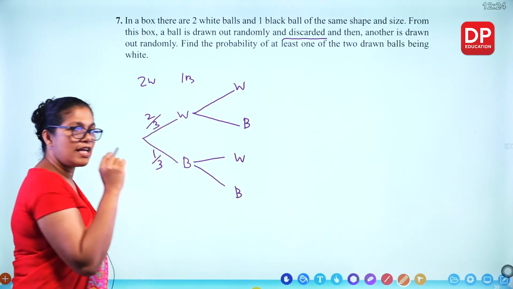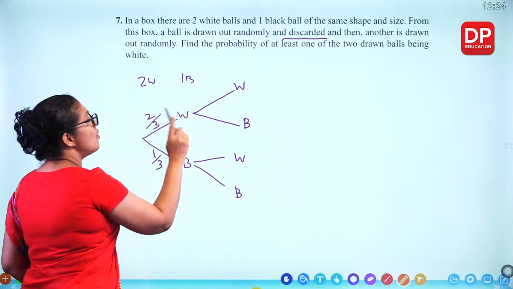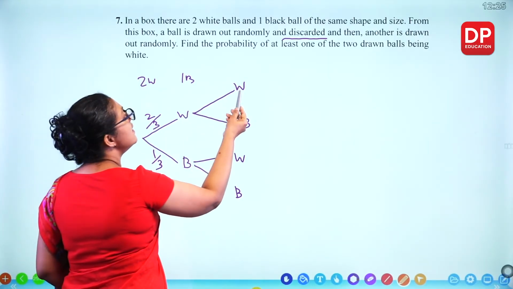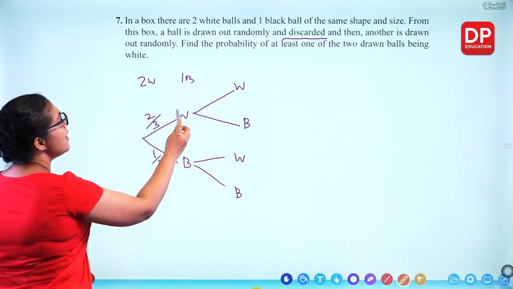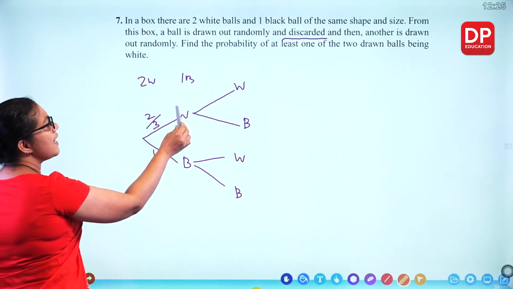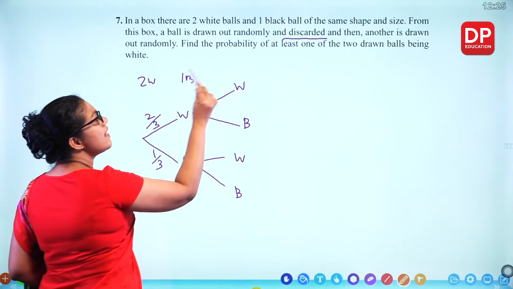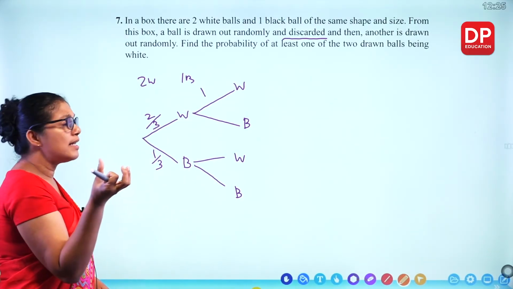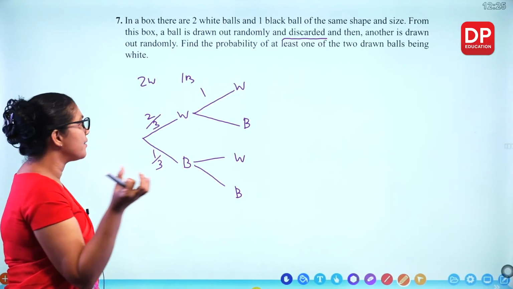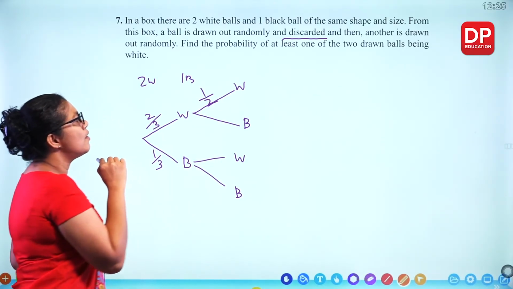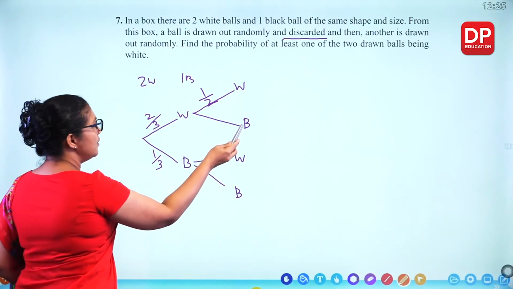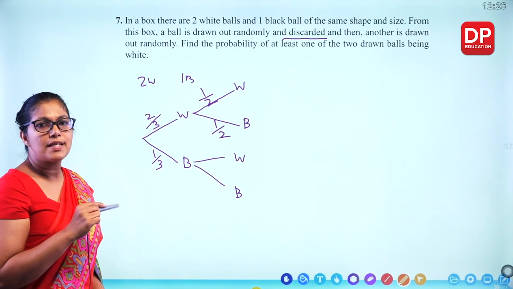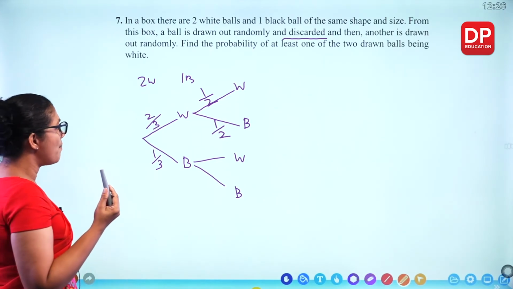Now when you take the next ball, what happens to the probabilities? Probabilities are changing. So this is first taking white and then taking another white. Here 1 white ball is taken and discarded. So taking another white, this 2 becomes 1, and now the total amount of balls is reduced by 1. So this becomes 1/2. Then here the black one is already there and this becomes 2, so half is the probability.